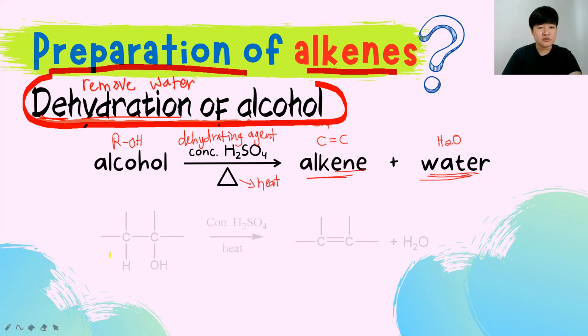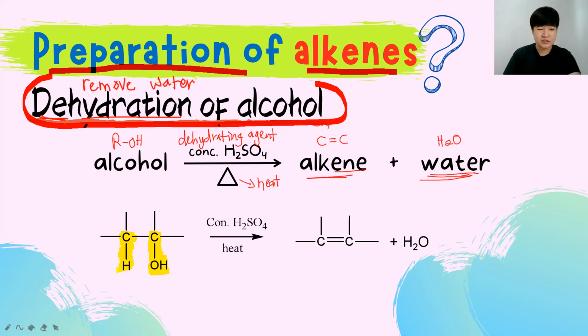Okay? So the general equation that I can give to you over here is your general alcohol. We will only focus on two carbons: the carbon that is holding the OH and also the carbon next to the OH. Only two carbons, only the neighboring carbon.